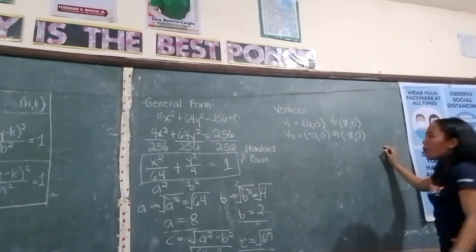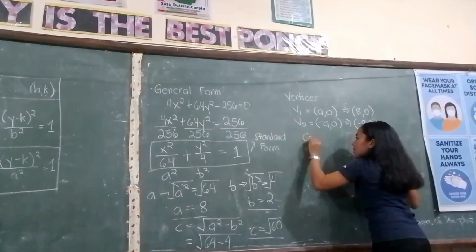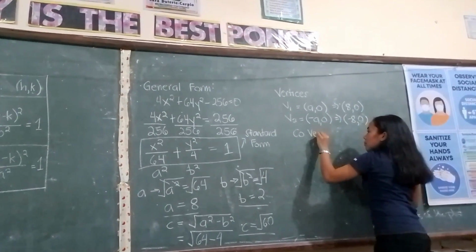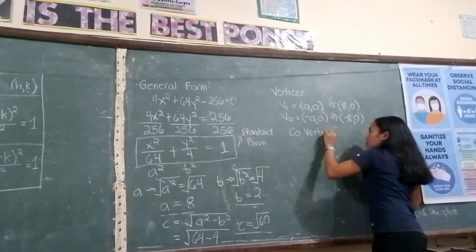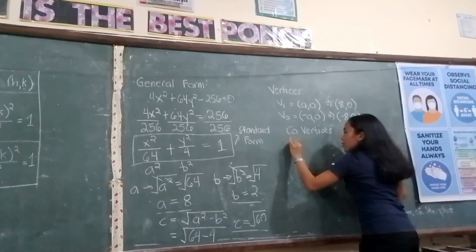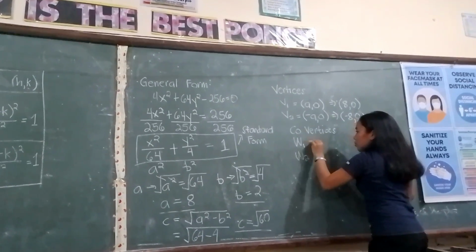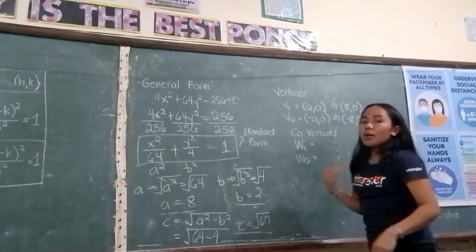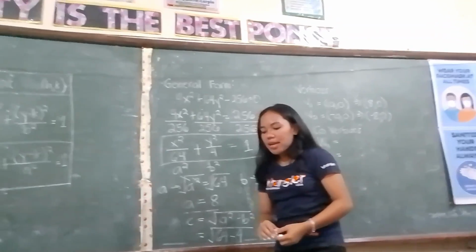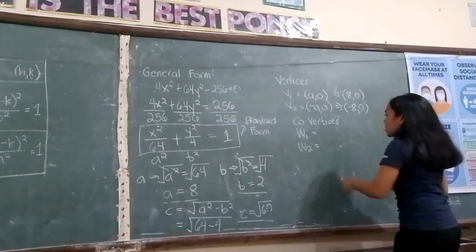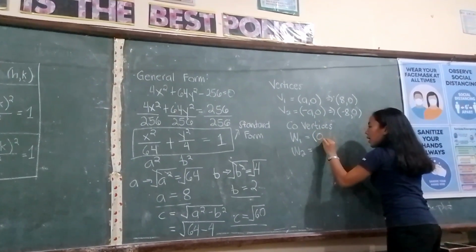For our co-vertices, we have the W sub 1 and the W sub 2. In co-vertices, the coordinates are 0 and b.